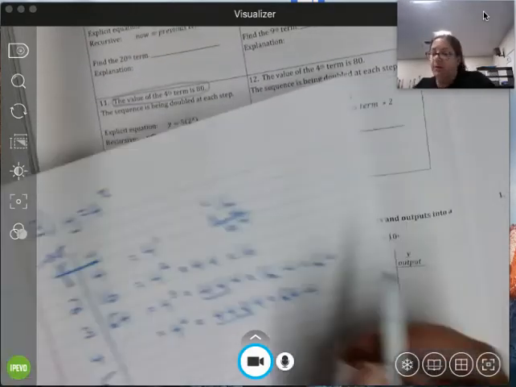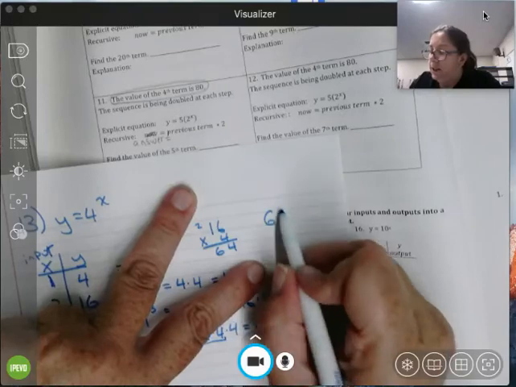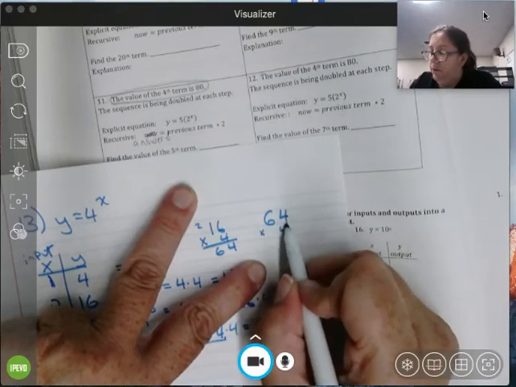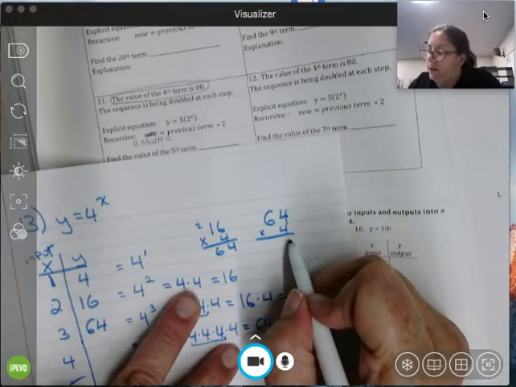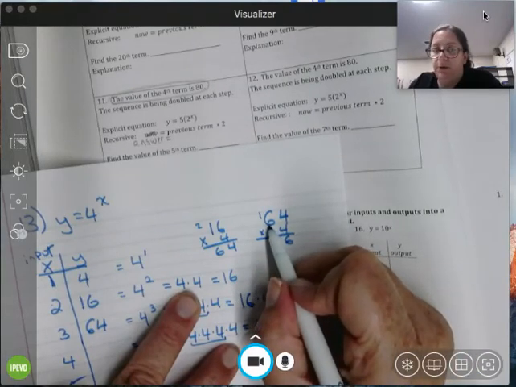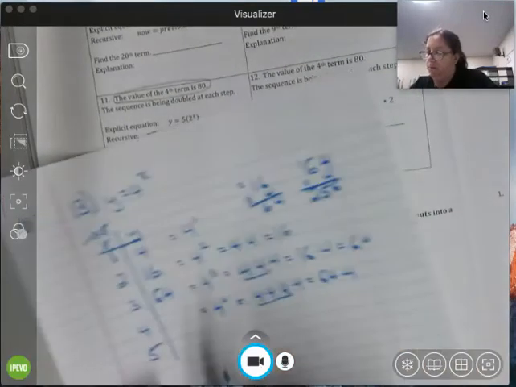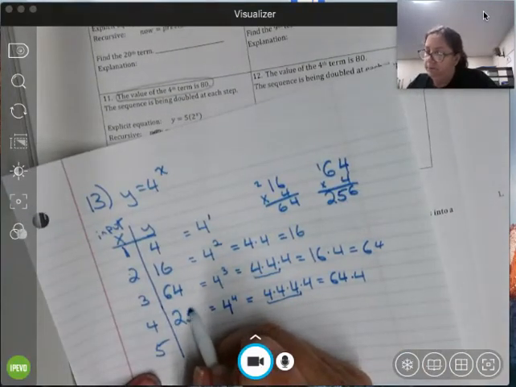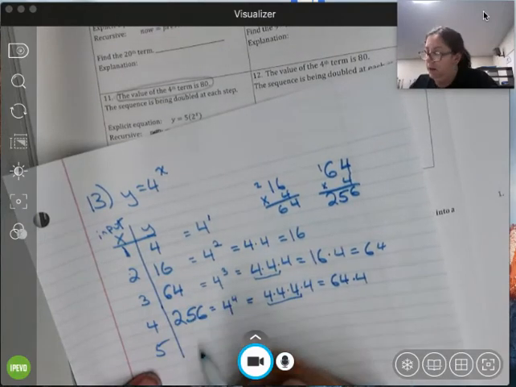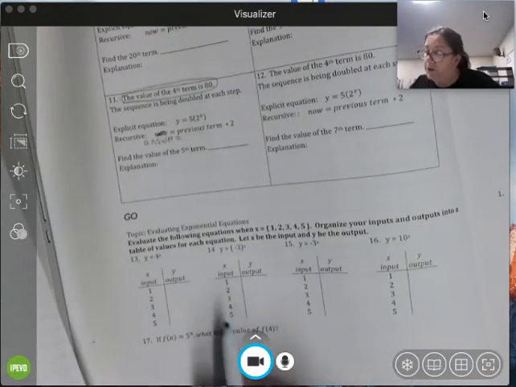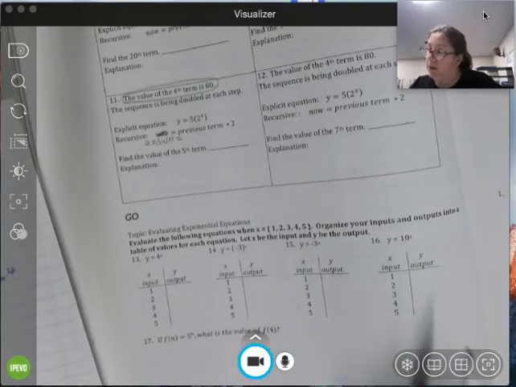And again, one more time to go over the multiplication. 64 times 4. 4 times 4 is 16. 6 times 4 is 24. Plus 1, 25. Okay, and then you'll finish that. And you're supposed to do these other ones also.